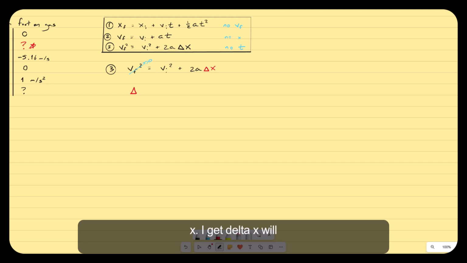I get delta x will be negative v initial squared over 2a, and I can plug in my values. Negative, and I get a delta x of 13.31 meters.